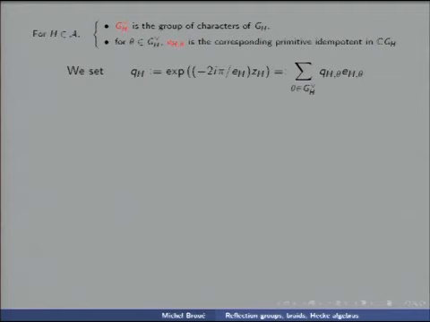And let me denote by q_H, essentially up to this coefficient, which is minus 2 pi over e_H, you can forget it, q_H is essentially the exponential of Z_H. Z_H is an element of the group algebra of G_H. You can compute its exponential. You just apply the formula of the exponential, and you find an element in the group algebra of G_H. And I call q_H theta the coefficient on this basis. All right? That's all.